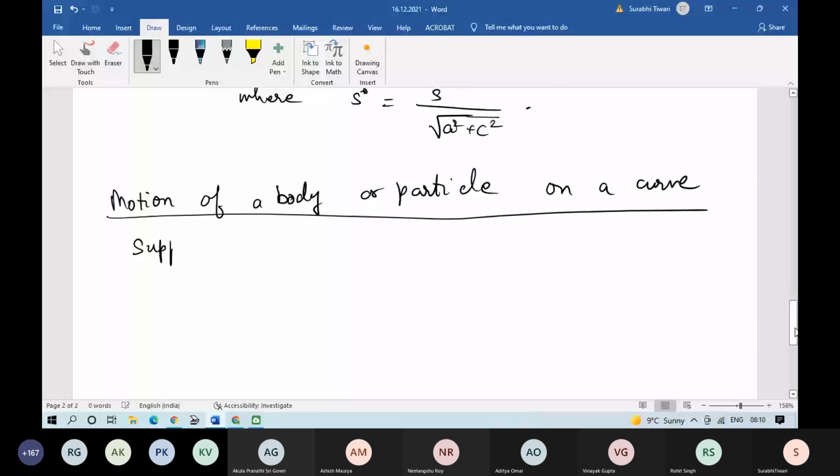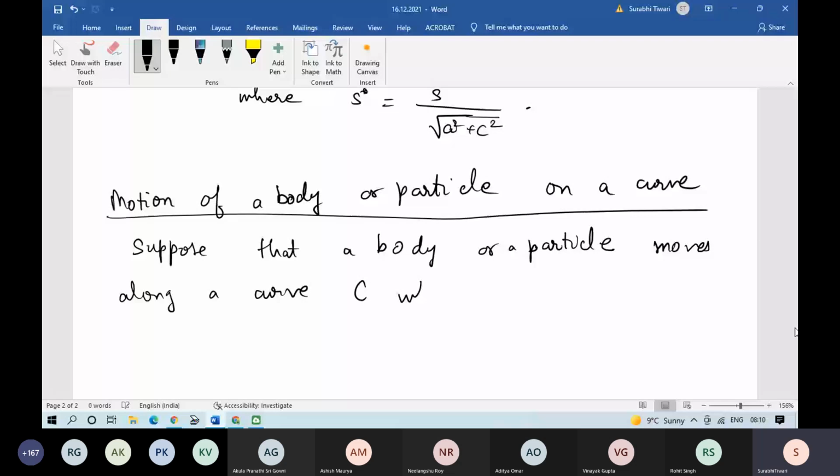Suppose that a body or a particle moves along a curve C whose position vector is r(t) = x(t)i + y(t)j + z(t)k.